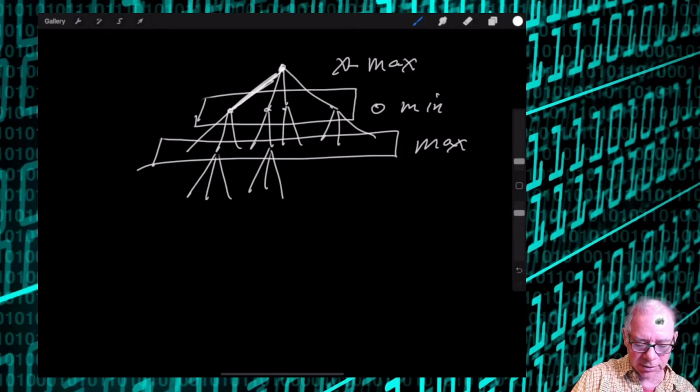So if I move here, can I get a win from this value? Maybe this one is a win, and this one's a tie, and this one's a tie, and this one's a loss. So you would want to choose this one.